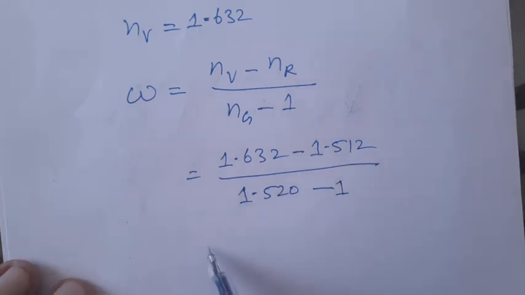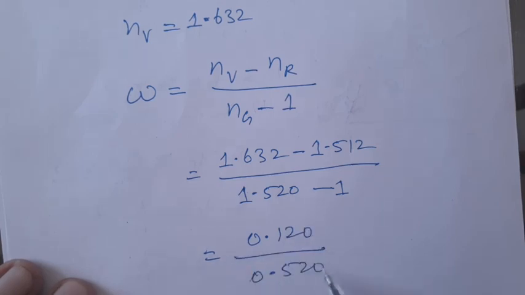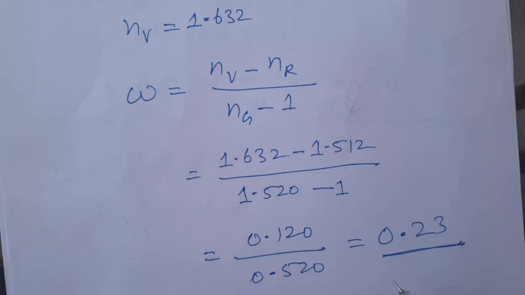Now simplification of this gives you 0.120 in the numerator and 0.520 in the denominator. Again simplifying, it is equal to 0.23. So the dispersive power of the crown glass having refractive indices 1.512, 1.520 and 1.632 for the respective colors red, green and violet is 0.23. That is the answer.